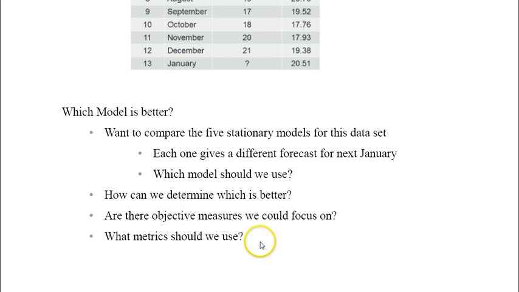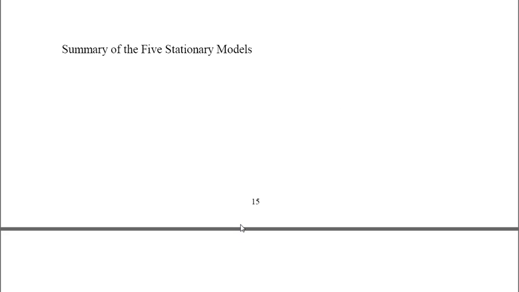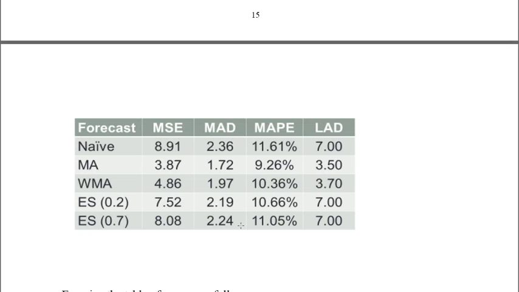To determine which one we should use, we compare the forecast errors. So here are the 5 stationary models. These are the methods I use: the naive, the moving average, weighted moving average, exponential smoothing with alpha 0.2, and exponential smoothing with alpha 0.7.